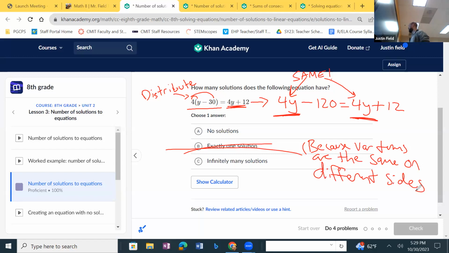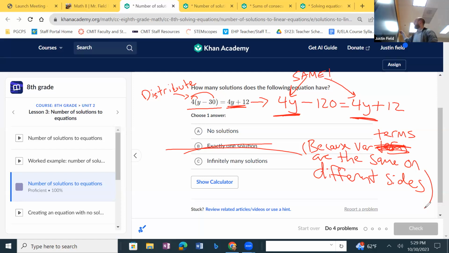I know this is very hard to read, but it's okay. Because variable terms are the same on different sides. Okay, whenever that happens, there is not one solution. If they were different, there would be one solution and we could cross off the other two.